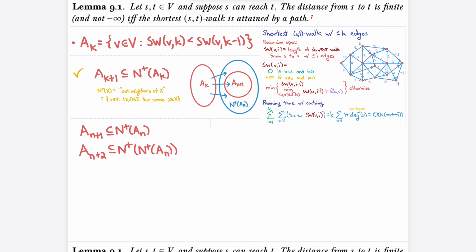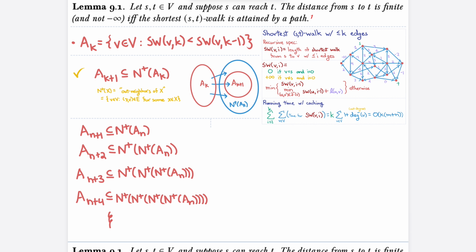It's 1 hop away from someone that improved in n plus 1, and that's 1 hop away from someone that improved in n. So it's 2 hops away. And someone that improved in n plus 3 is 3 hops away from something that improved in iteration n. A sub n plus 4, that's 4 hops away. Just from unrolling this chaining thing.